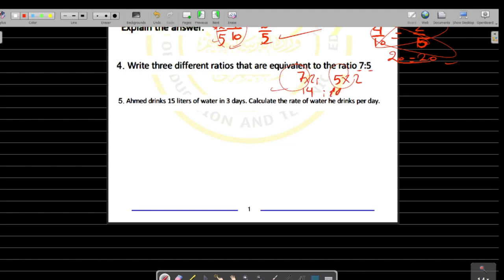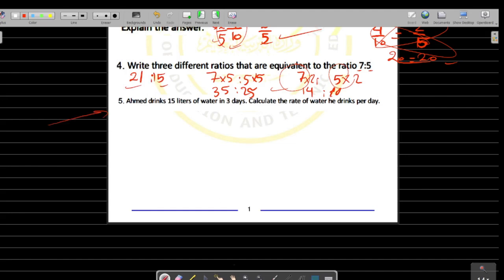This is the first equivalent ratio. Or you can multiply 7 times 5 and 5 times 5 to get 35 to 25. This is another equivalent ratio. You can multiply both by 3, so it becomes 21 to 5 times 3, which is 15. This is the third equivalent ratio.